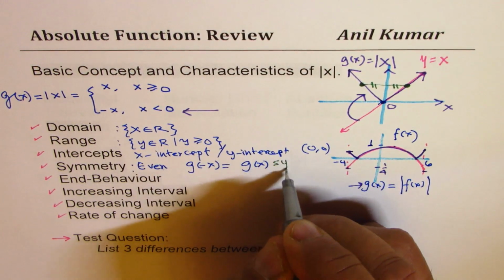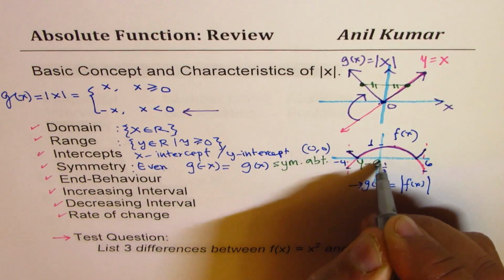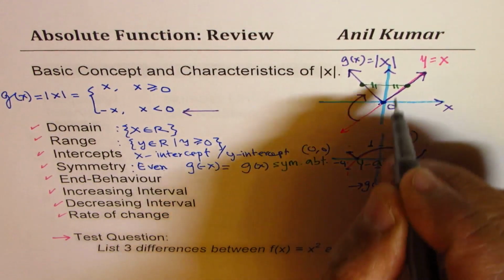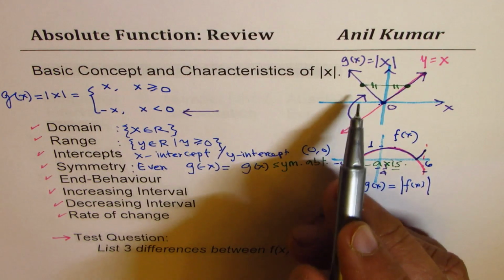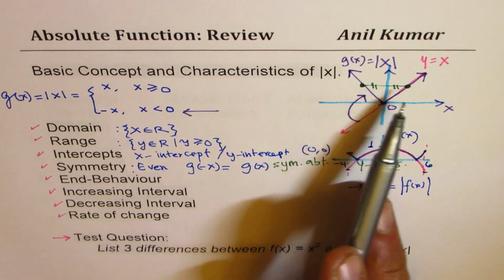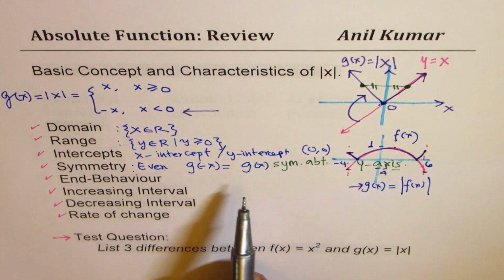So we say symmetric about, let me write y-axis. Do you get the idea, right? This is geometrically represented as even symmetry. Algebraically, you can prove like this, okay?